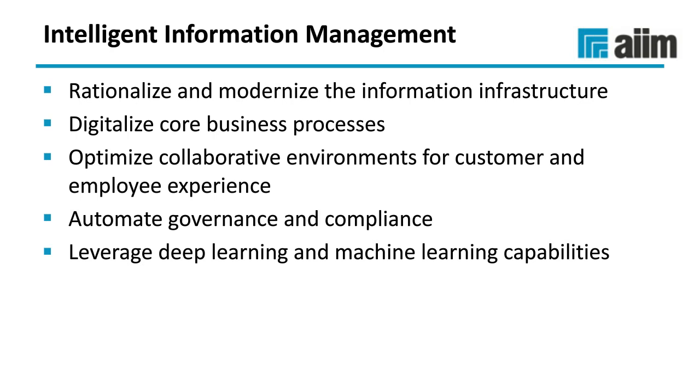We talk about optimizing collaborative environments for customer and employee experiences, and automating governance and compliance. And then finally, leveraging deep learning and machine learning capabilities. So we're going to look at these a little bit deeper as we go through this session. But all of these different elements are what make up intelligent information management.